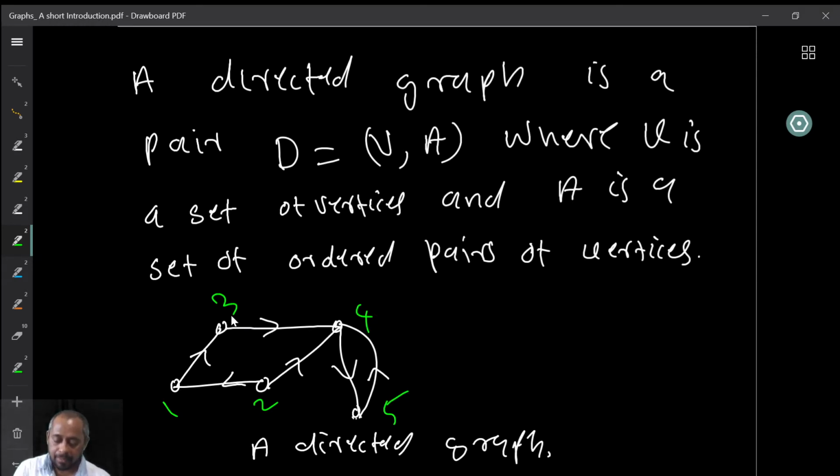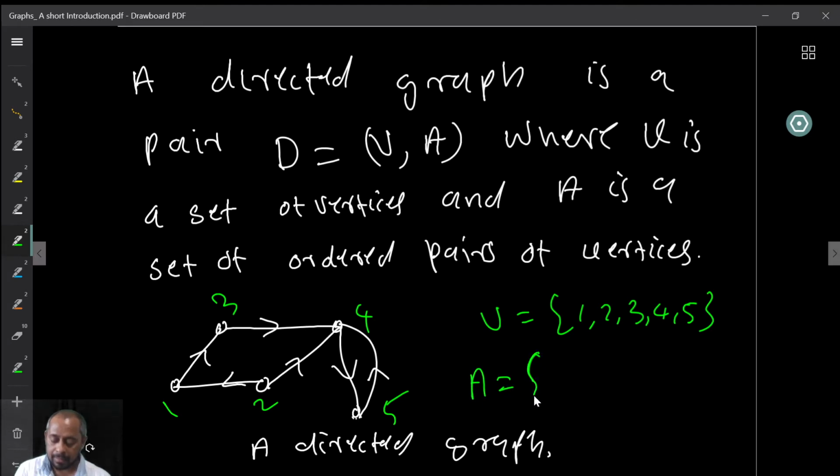So you have the vertex set V equal to {1, 2, 3, 4, 5}, and then you have the arc set, which is the ordered pairs (1, 3), then (3, 4), then 2 to 1, then 2 to 4, then 4 to 5 and 5 to 4.